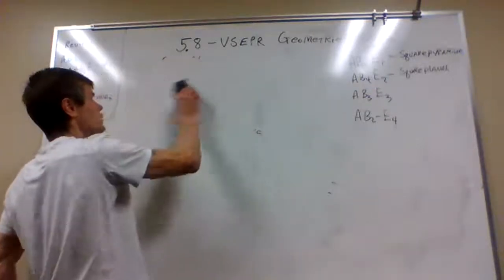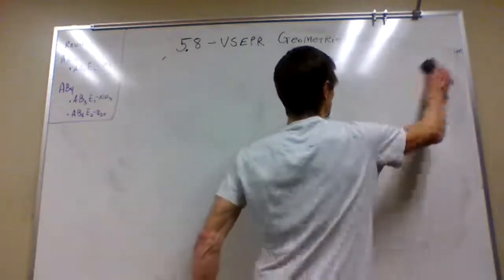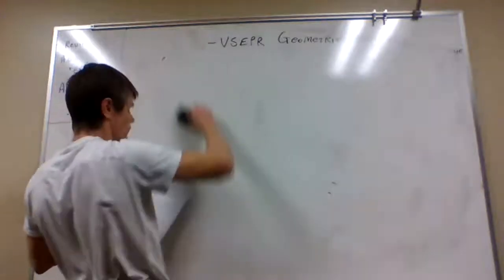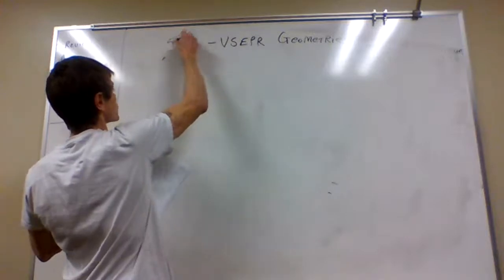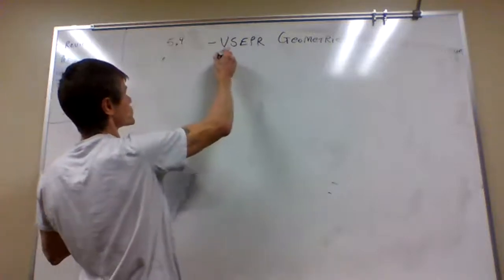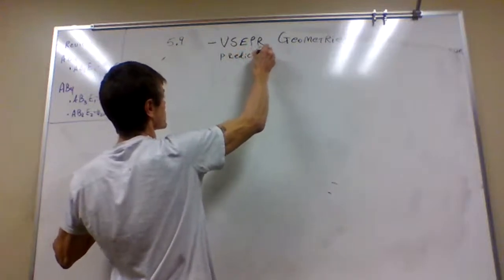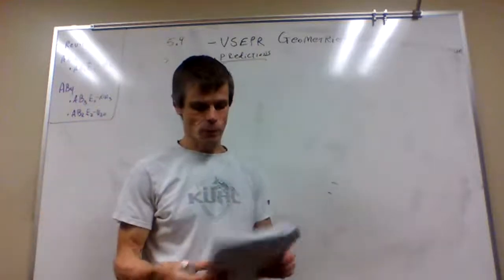Let's show how we can use the information that we've discussed up to this point, and this is a topic that's covered in 5.9. We should now be able to predict VSEPR geometry. We're going to make some predictions using everything that we've learned up to this point.